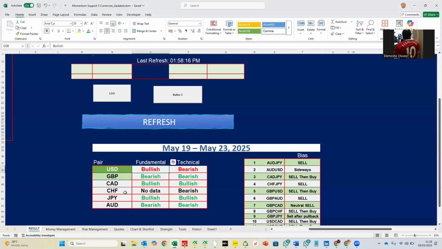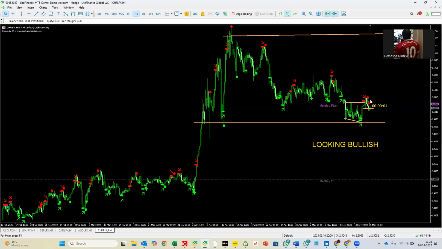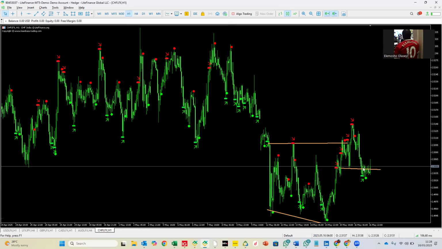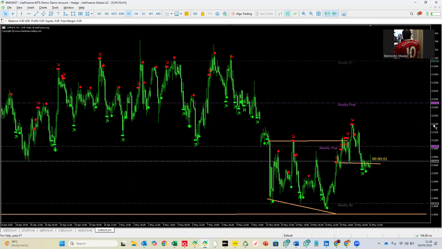And then the next one is the Swiss franc. There's no data fundamentally this week, but on the technical side, it seems bearish. If we go there, you'll see that we have a sideways movement on the Swiss franc, but it needs to break below this line that I've drawn for the bearish to be confirmed. So we'll be looking forward to that.